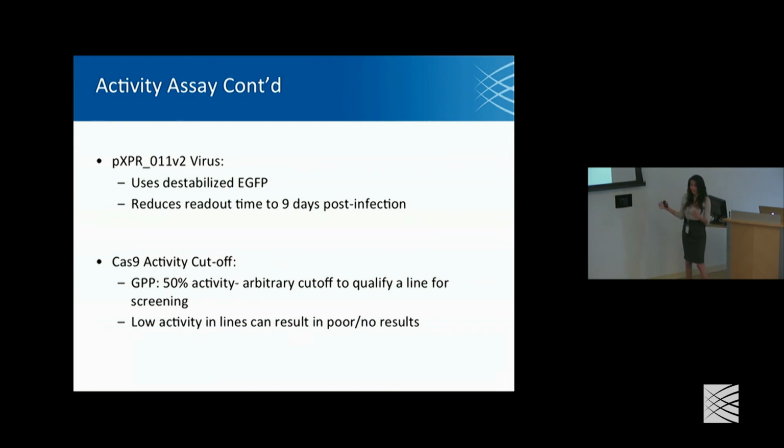Anything 50% and above, we qualify as passing and able to go on to screening. It's important to just assess what your activity cutoff is because low activity in cell lines can result in poor or no results.